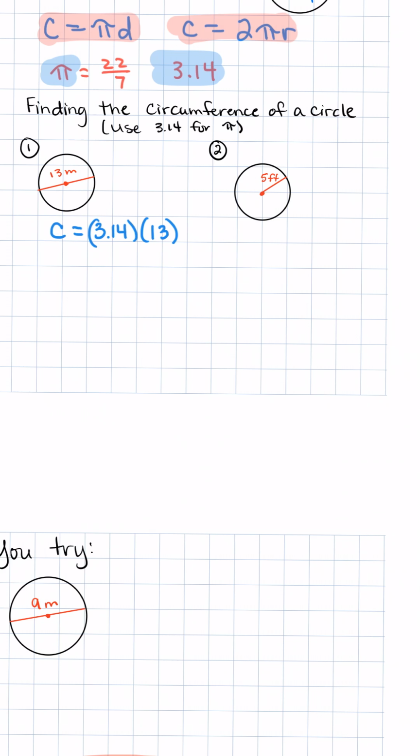So we just need to go 13 times 3.14, and that equals 40.82. Okay, so that is the circumference. We can round it to 40.8, and this was meters.